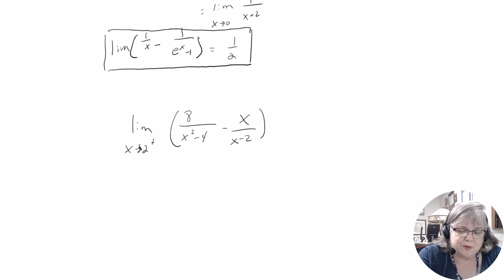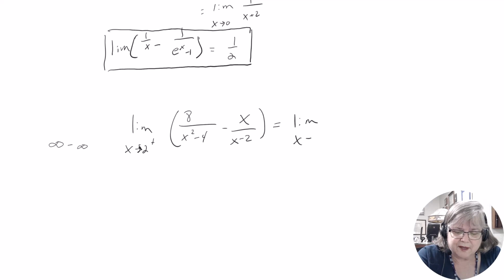Now, as you approach 2 from the right and you've got something like 2.001, this first term is 8 over a little tiny number, right? So that's going to be infinity. And on the second one, it's going to be infinity as well. So this is an indeterminate form, but the only thing I can do with L'Hopital's is if it looks like a fraction. So I'm going to try to get a fraction out of it.